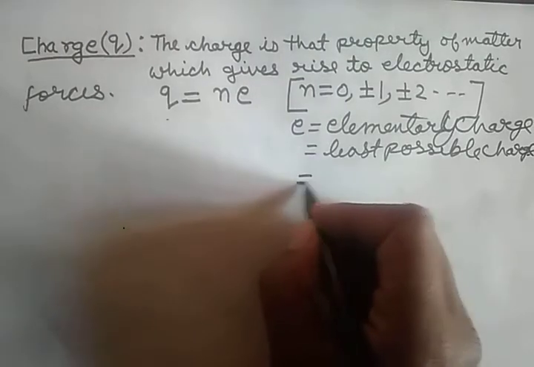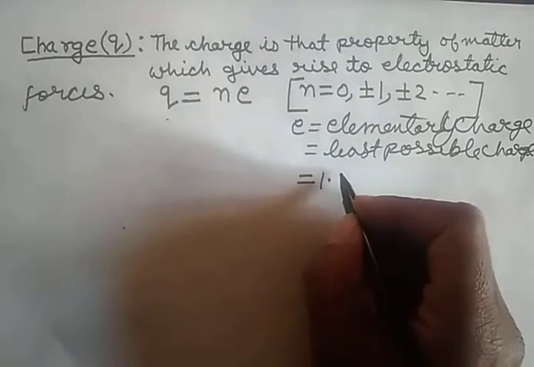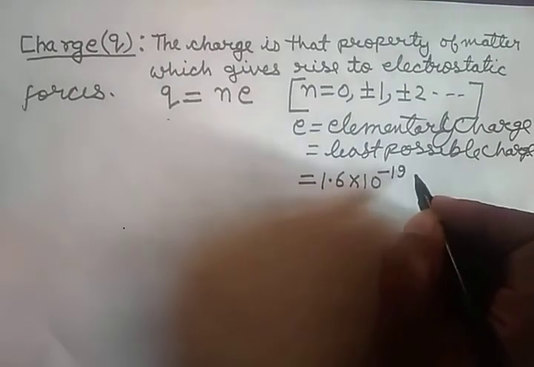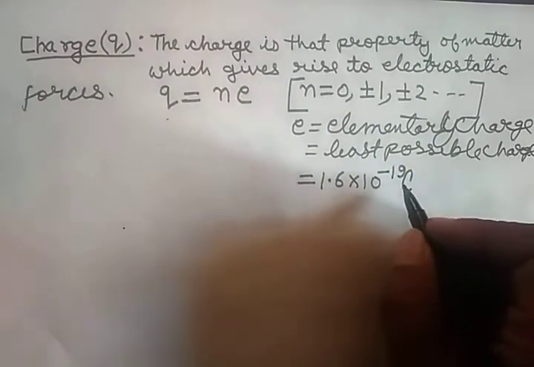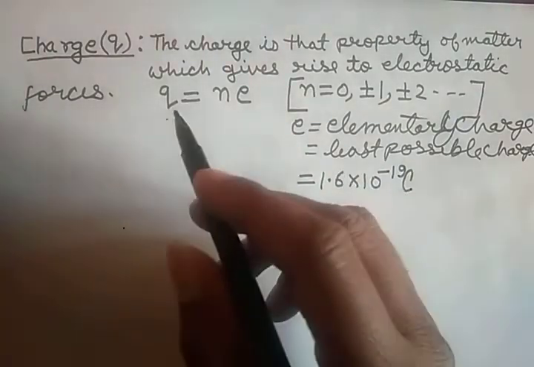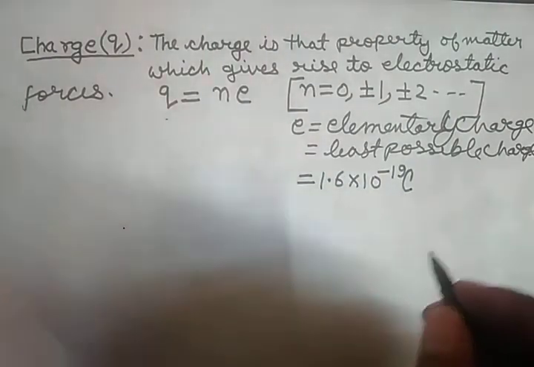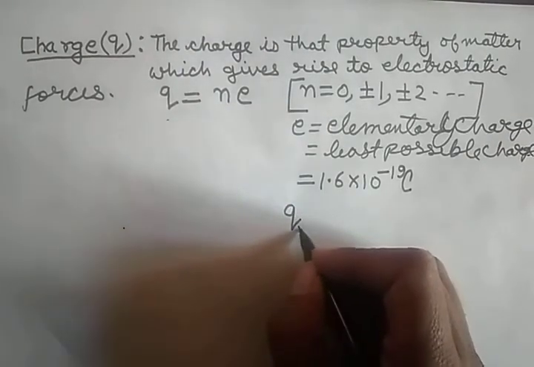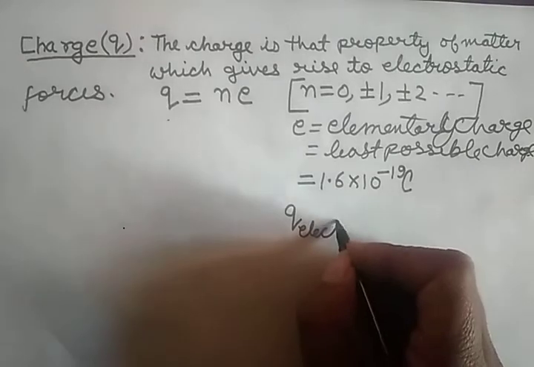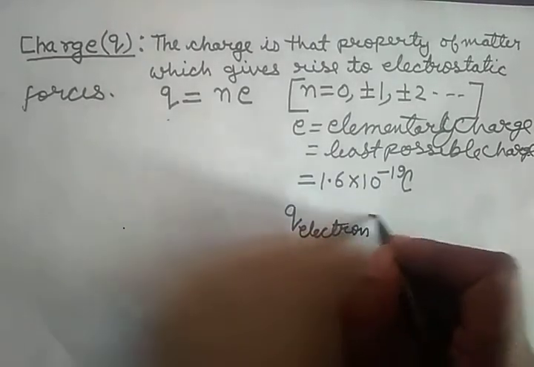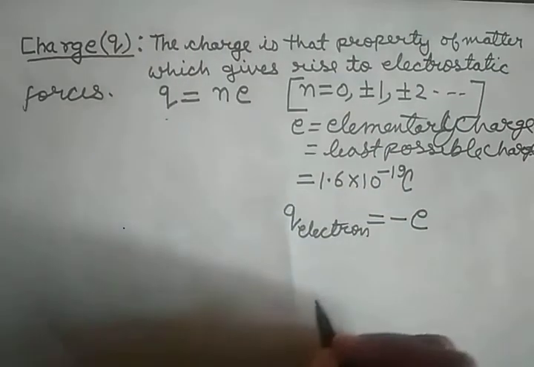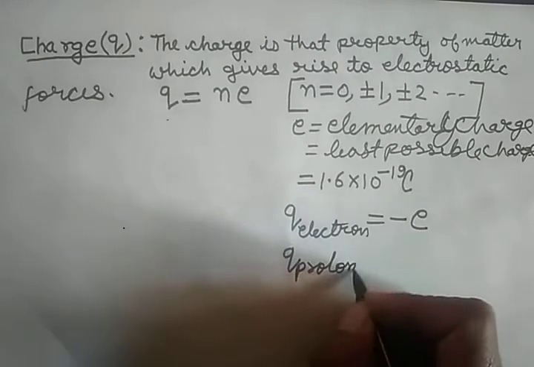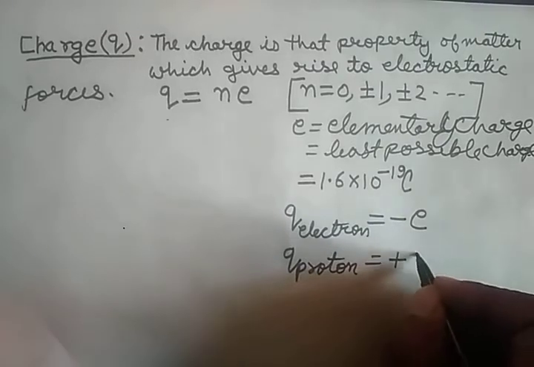It has value 1.6 into 10 to the power minus 19 coulomb, where coulomb is the SI unit to measure charge. Now remember, the charge of an electron is negative of this value, and the charge of a proton is positive of this value.